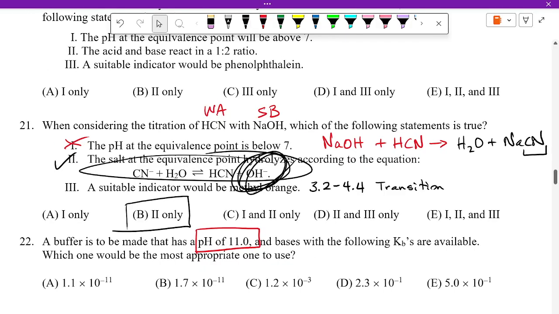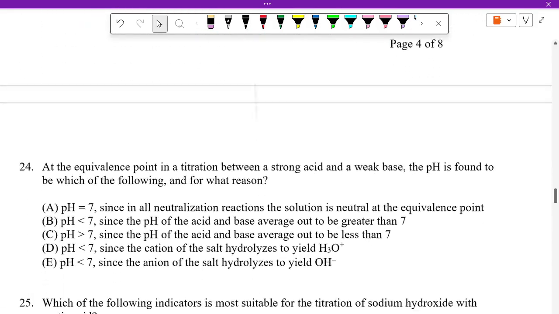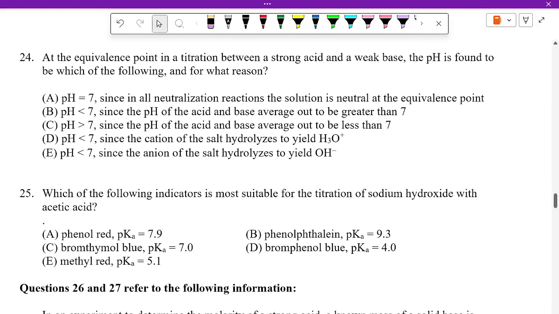So number 21, and was there another one as well? 25. Which of the following indicators is most suitable for the titration of sodium hydroxide and acetic acid? So that is a strong base and a weak acid.